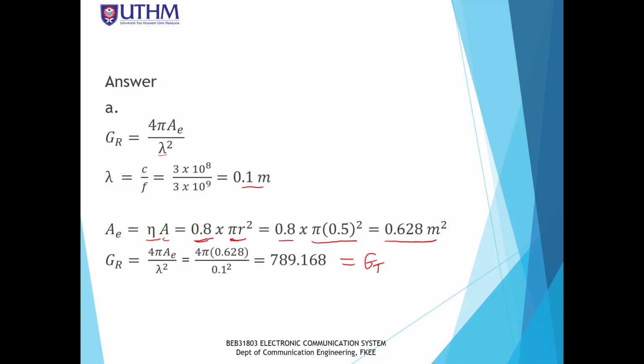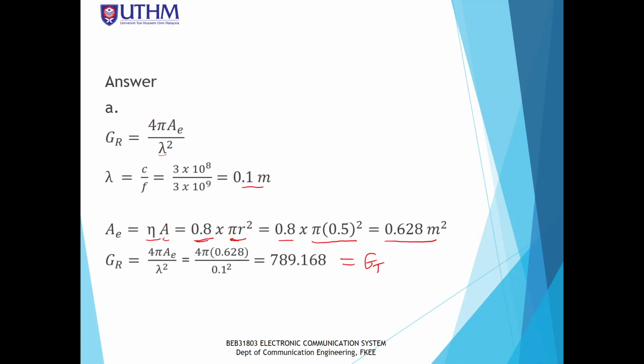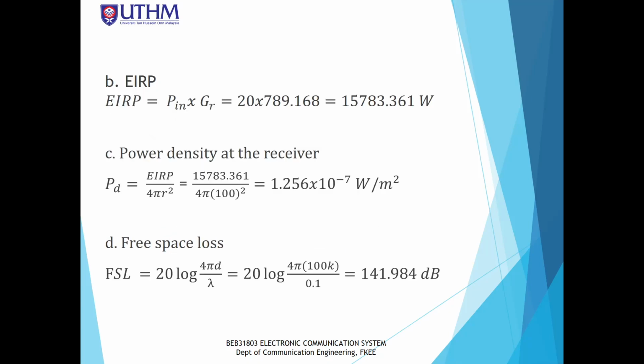Okay, and then what? The question asks to find EIRP. EIRP is equal to P in multiplied with GT. Since GR is equal to GT in this example, that's why it puts GR over here.